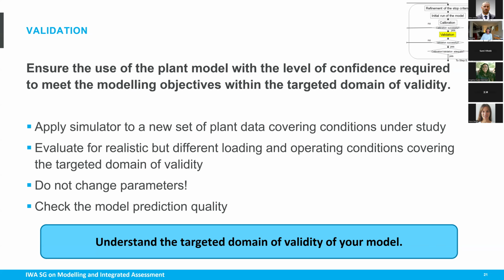There are a couple of points I want to highlight. One is to have the confidence, right? You are doing a job and you want to deliver on your project objectives, and you want to do that with confidence, of course. Then the other one is domain of validity.